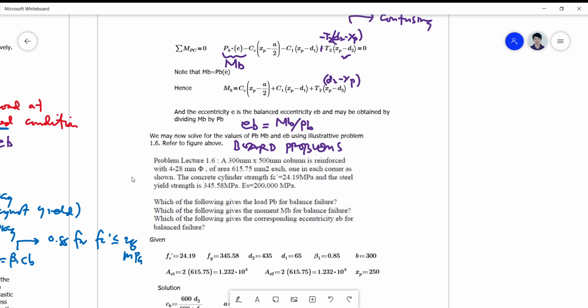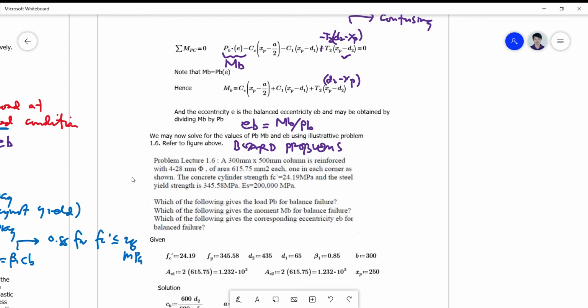A 300 millimeter by 500 millimeter column is reinforced with 4 28-millimeter diameter bars. The area of each bar is 615.75 square millimeters, placed one in each corner as shown. The concrete cylinder strength fc prime is 24.19 megapascals, and the steel yield strength is 345.58 megapascals.